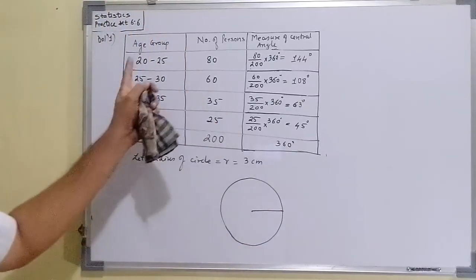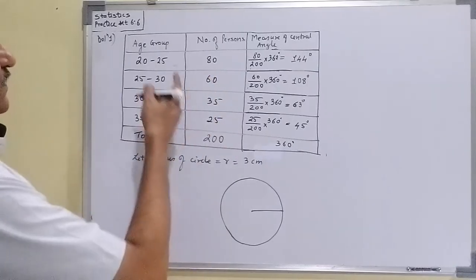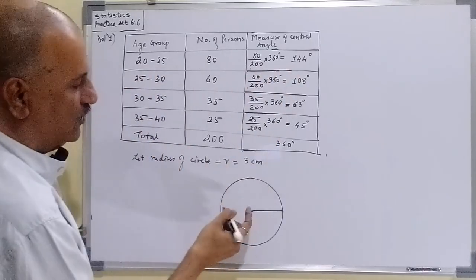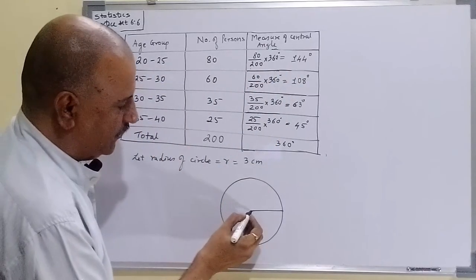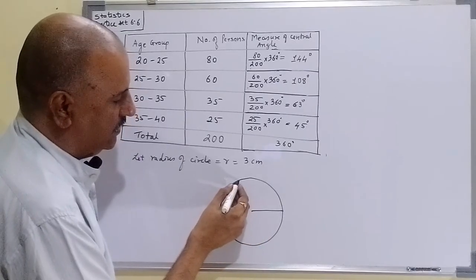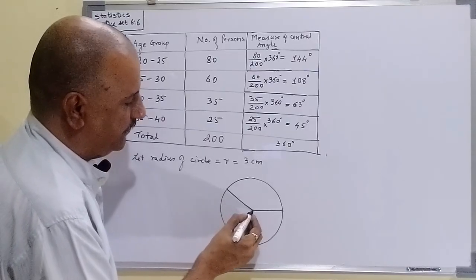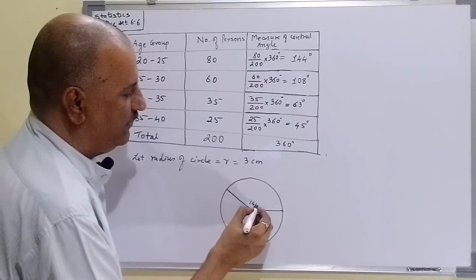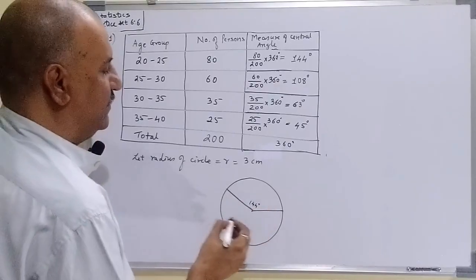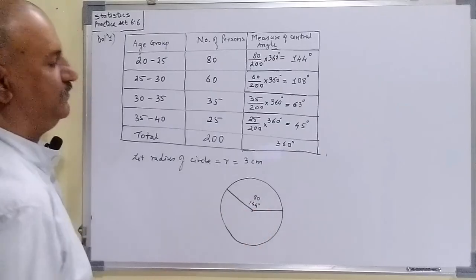Now we go for the first sector, that is age 20 to 25, 144 degrees. It will come somewhere here, 90, 10, 20, 30, 40, somewhere here. This will be 144 degrees, these are 80 people.